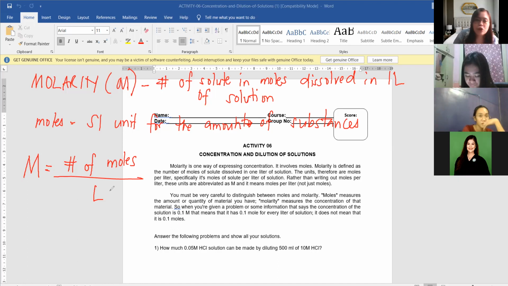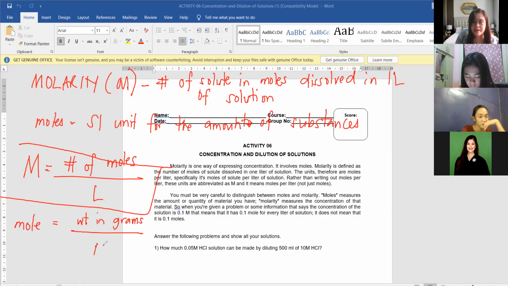Now, how are we going to compute for the number of moles? So aside from this formula, we will also use this formula class if ever in the problem hindi nabigay si number of moles. This is weight in grams divided by the molecular weight. Again, this is our formula to get the number of moles. Weight in grams divided by the molecular weight.